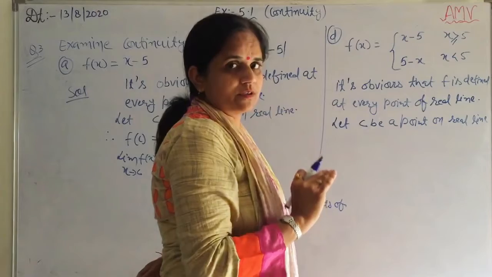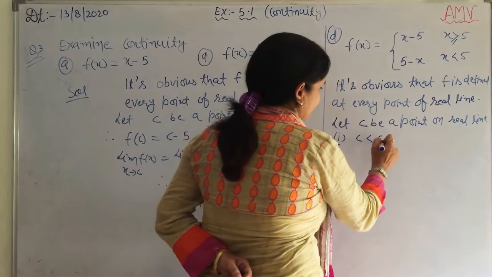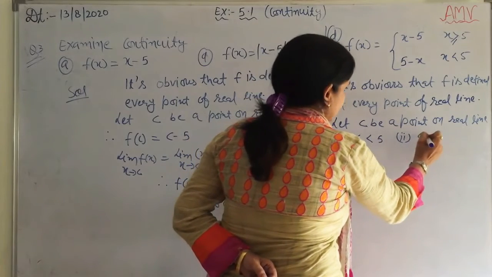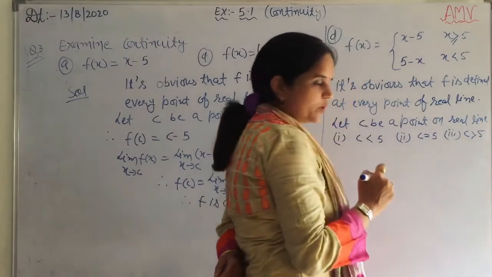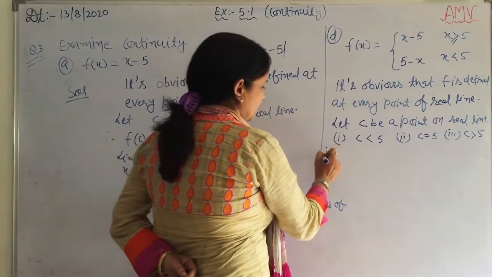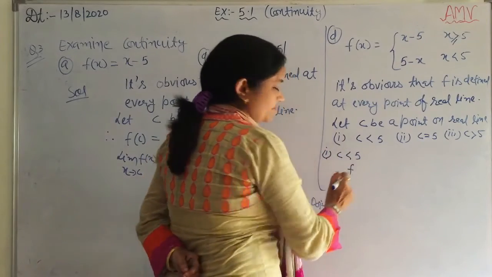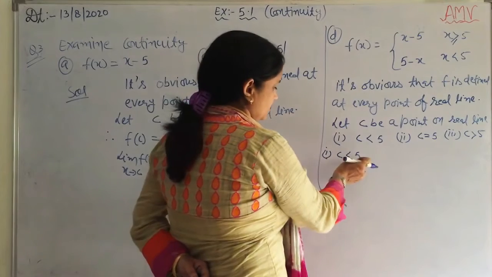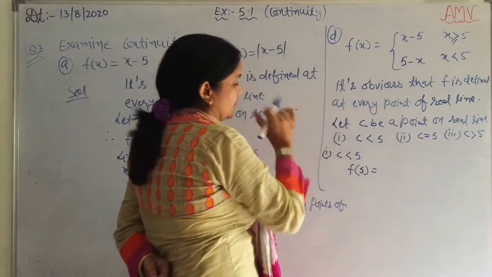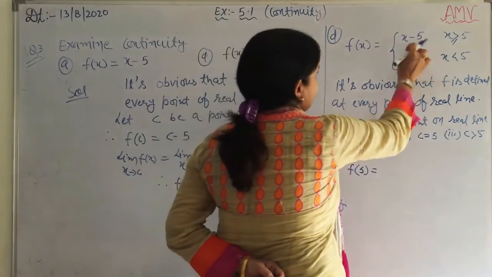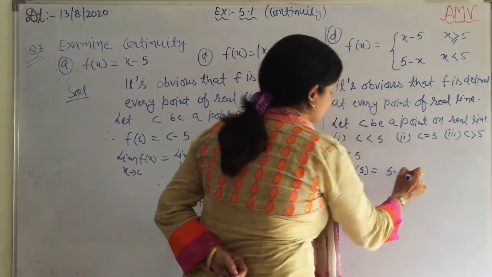Now we have to consider three cases. First, c less than 5. Second, c is equal to 5. And third, c greater than 5. Case first, c less than 5. Now find the value of the function and the limit both. When c is less than 5, you have to take this function, so 5 minus 5 is 0.